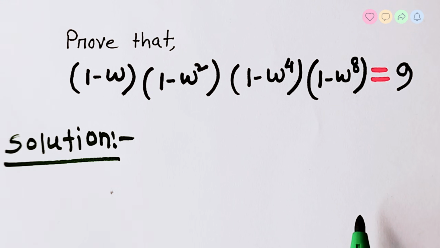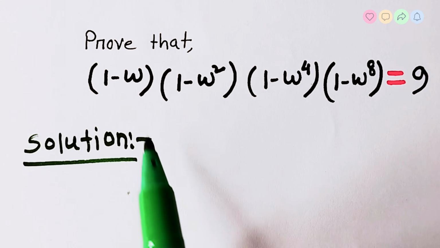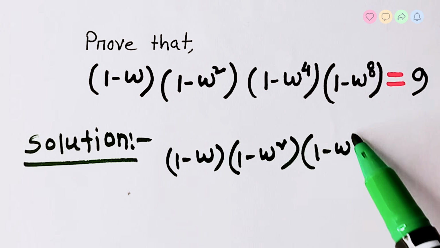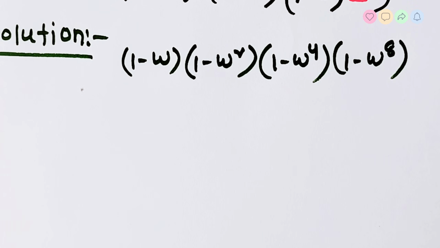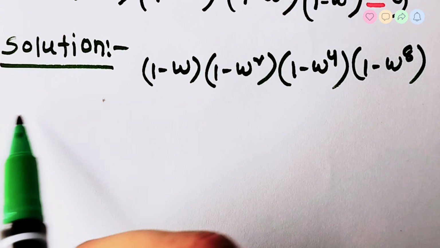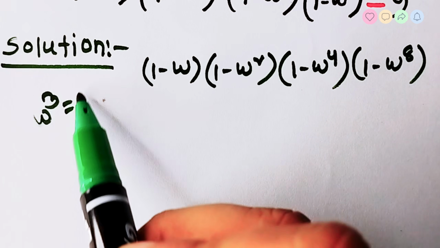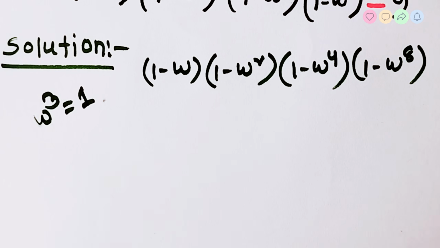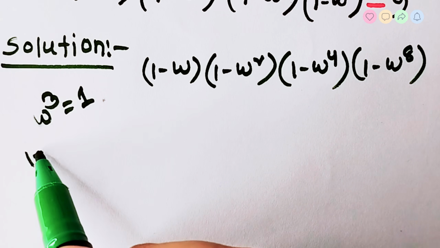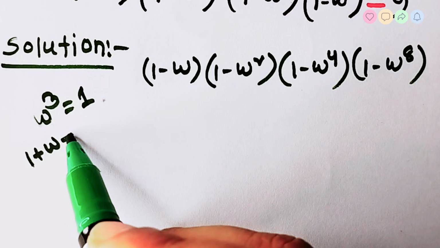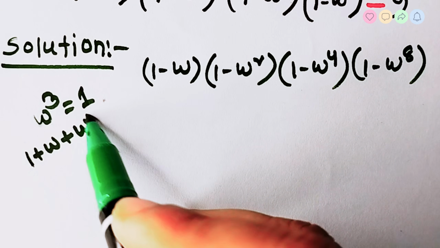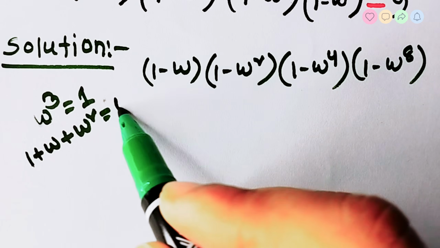First of all, rewrite that question. Now, we should remember that omega to the power cube equals 1 and 1 plus omega plus omega square equals 0.